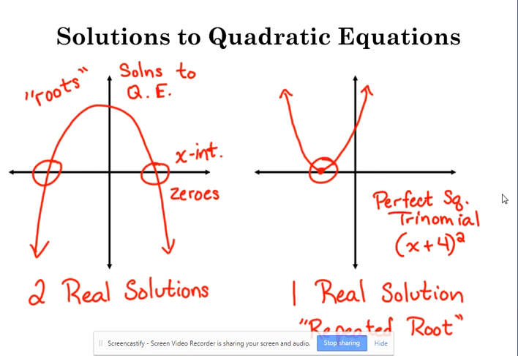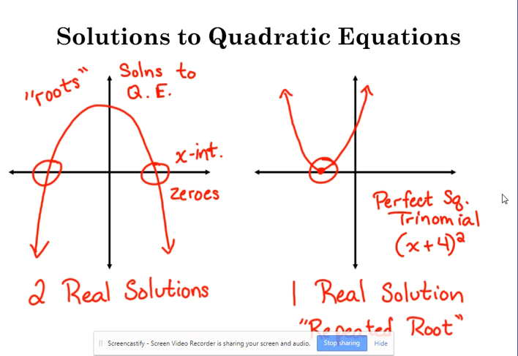So we have two solutions. Those solutions may also be called roots. They may also be called x-intercepts. They may also be called zeros. Those are all the same thing.